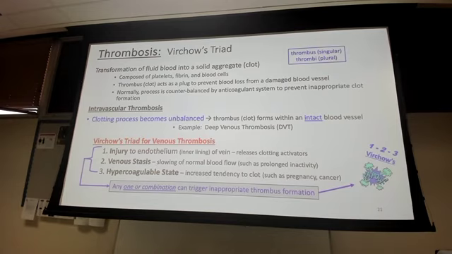Next, venous stasis. If you have slowing of normal blood flow, if you're not moving that blood, those coagulation factors that we normally make start piling up. They're coming in, right? And those anticoagulative properties aren't coming in. So now we've got a buildup of clotting factors.